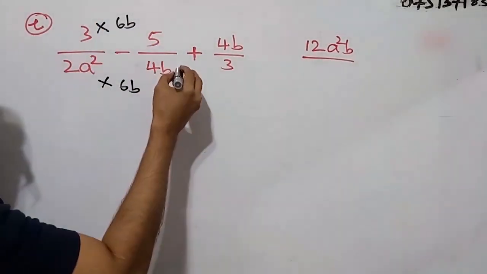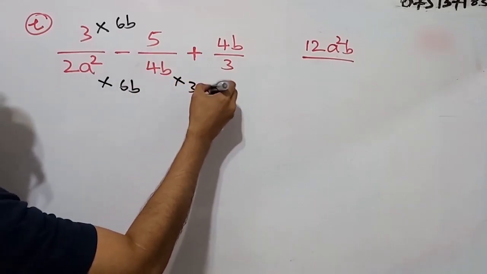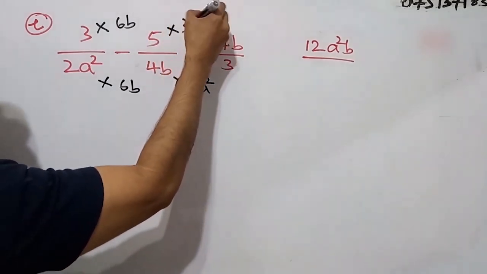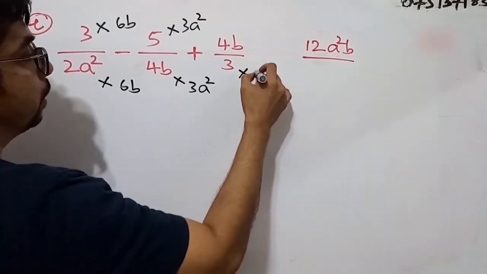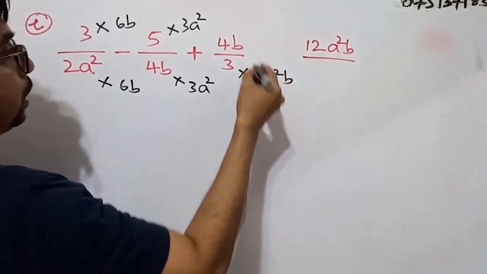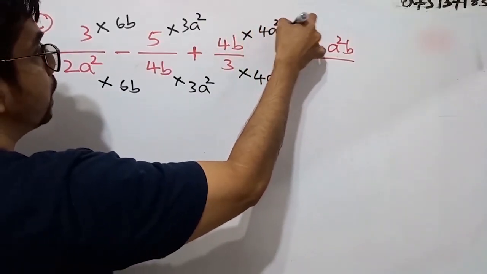Okay. Then we need to multiply this term by what? 3a squared. So we need to multiply 5 by 3a squared as well. Right. So this 3 we need to multiply by what? 4a squared b. So we need to do the same thing to the term above. We need to multiply by 4a squared b.